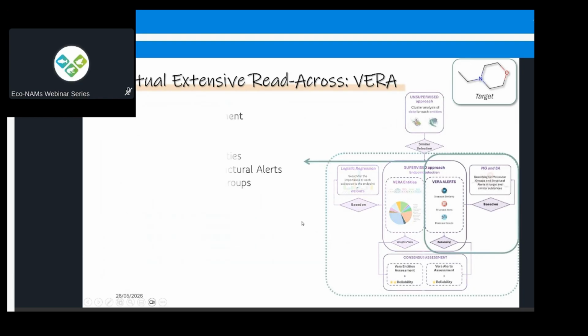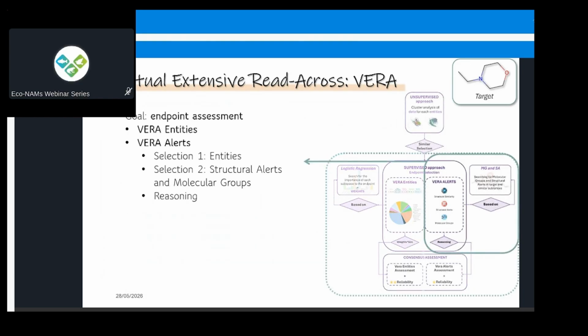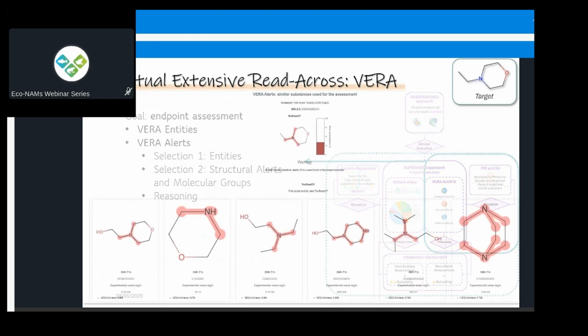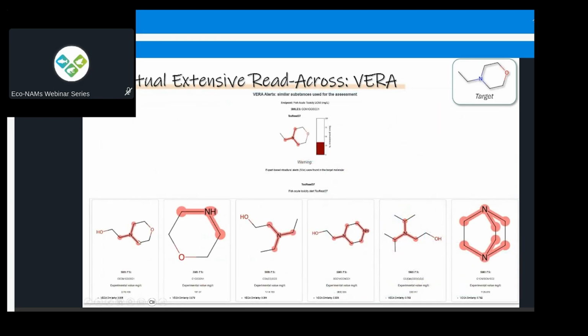The second approach is VERA alerts. VERA alerts start from the same pool of similar chemicals, but analyze them also considering the structural alerts and the molecular groups. Structural alerts are fragments, parts of the molecule that are associated with a certain activity, in our case, fish acute toxicity.